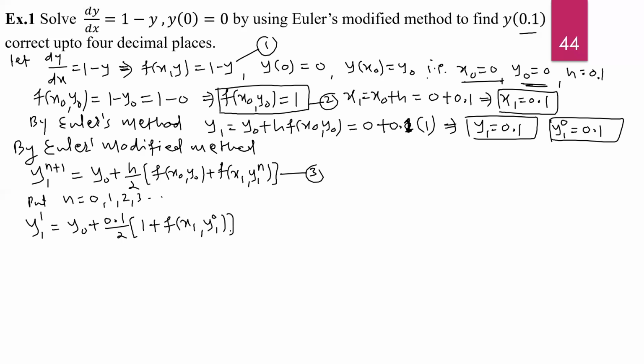The value of y naught is 0 plus 0.1 divided by 2 times 1 plus, what is the function?